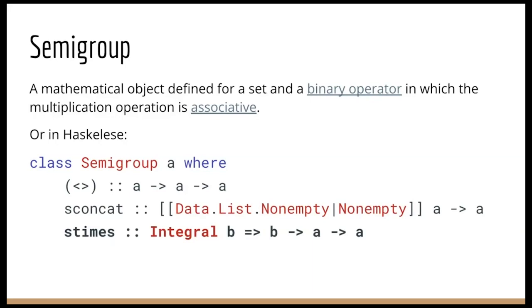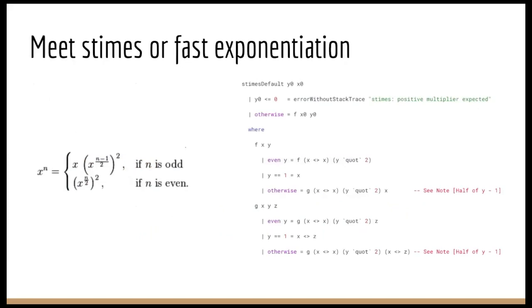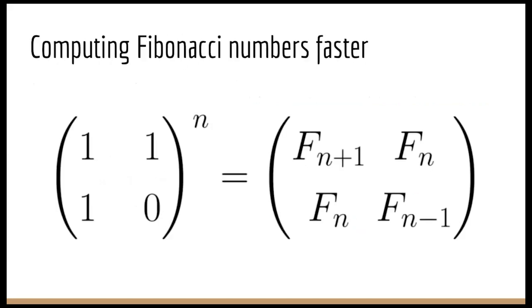That's why they are there, especially the stimes one, because it's essentially the fast exponentiation function that makes it possible for us to raise values to the power of n in log n time instead of linear time, which is very handy when we, for example, want to compute Fibonacci numbers, because multiplication of such matrices is associative, so we can compute Fibonacci numbers in logarithmic time. And yes, there is a way to compute Fibonacci numbers in constant time, but that's a topic of another discussion.